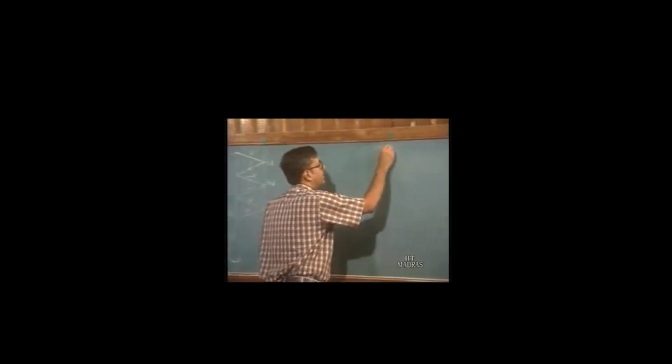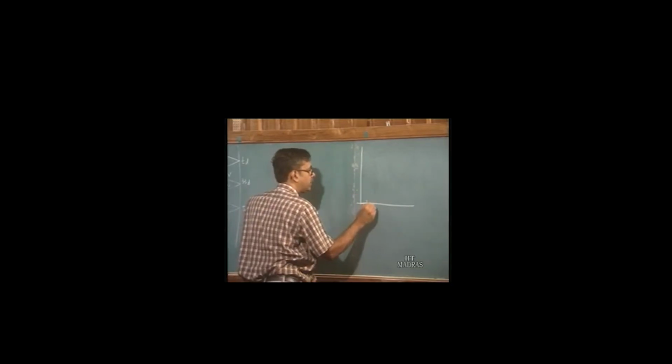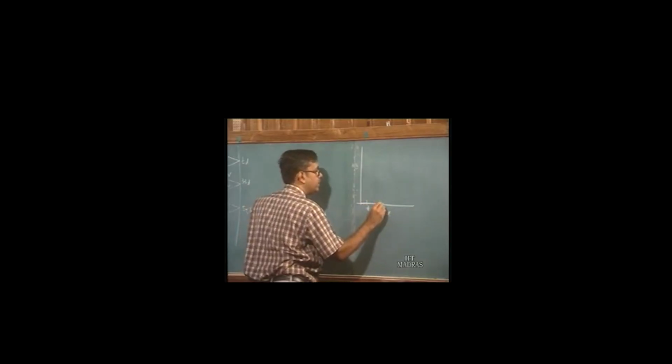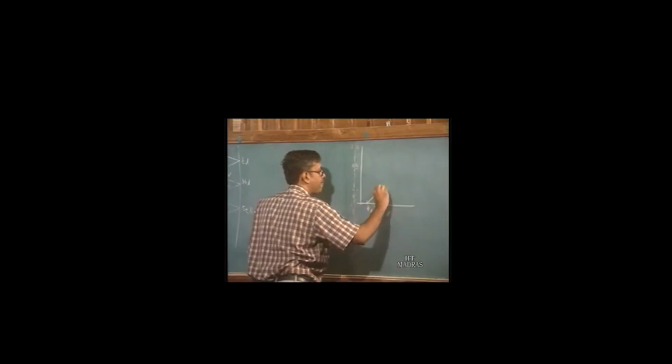So the output voltage, I'll draw it here: at T is equal to TD, it is 0. At T is equal to 3 TD, it goes up to 4 volts.